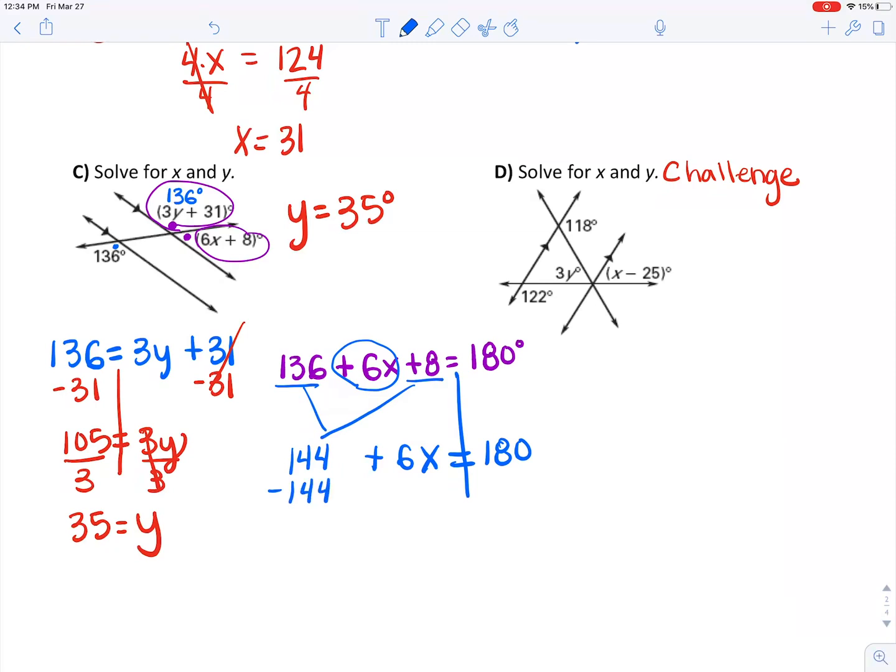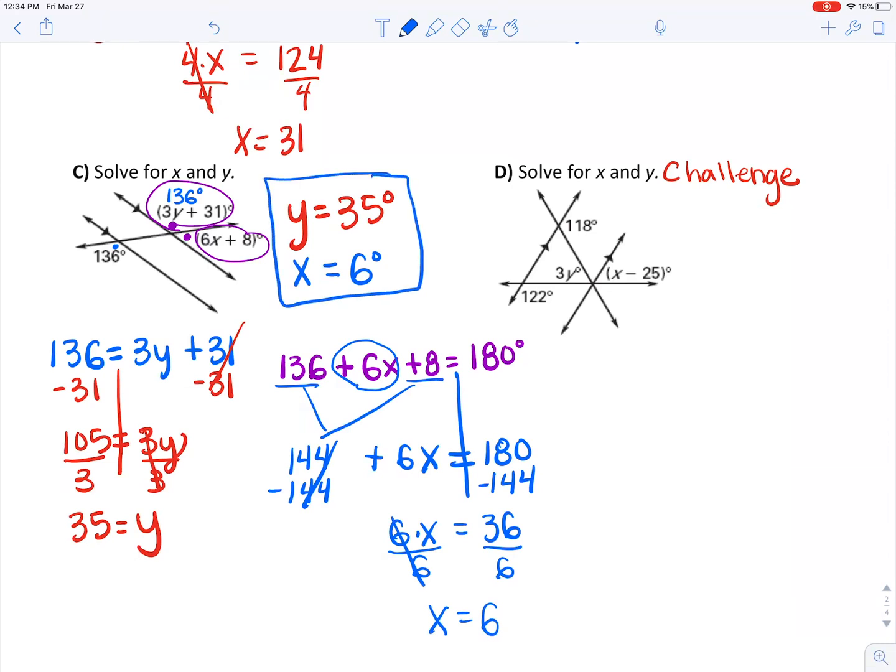I'm going to get rid of that 144 by minusing it on both sides. Now I have 6x is equal to 36. This is 6 times x, so how do you undo times? You divide. So x is equal to 6. All right, I solved for both x and y, so that is my answer to that one.